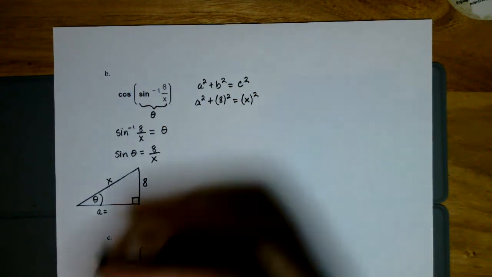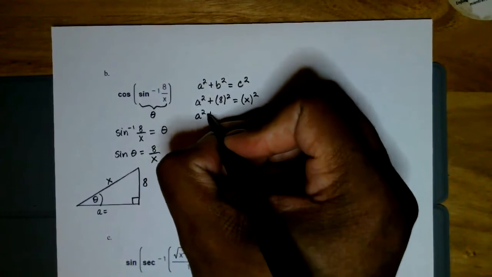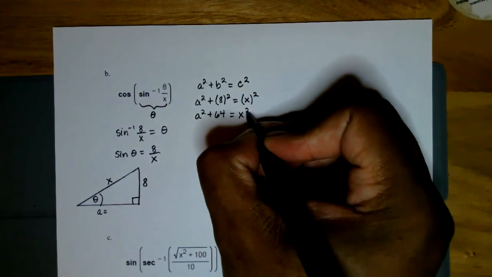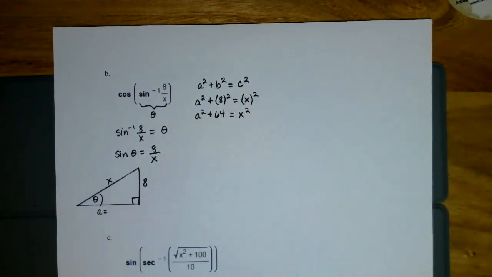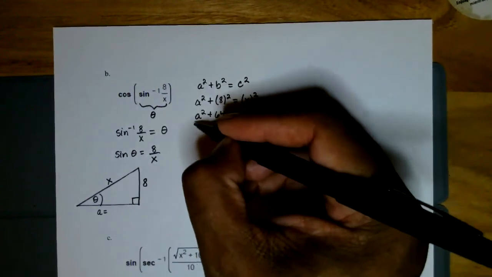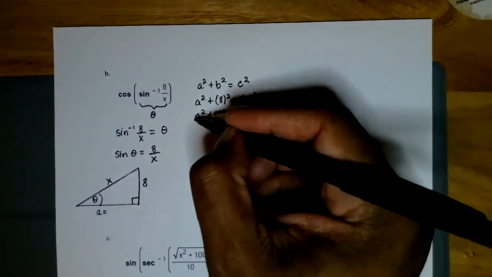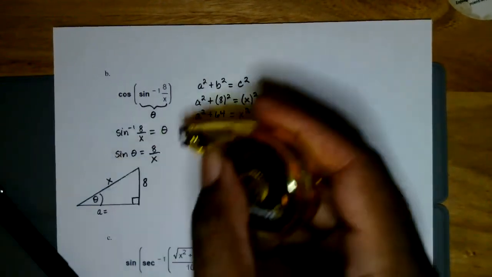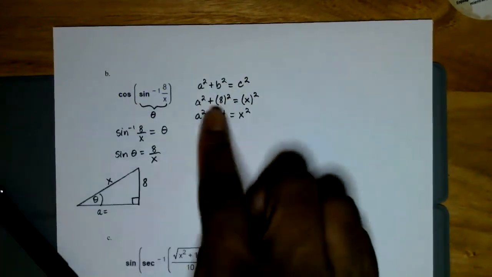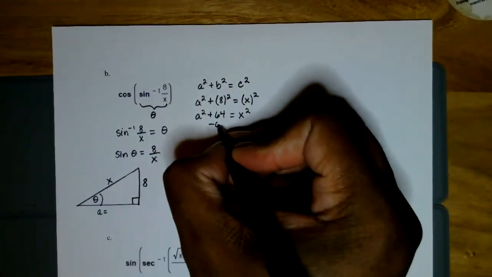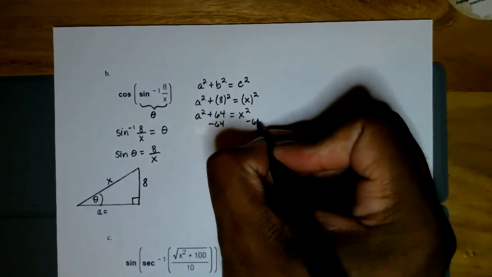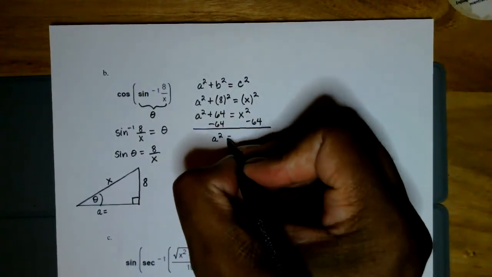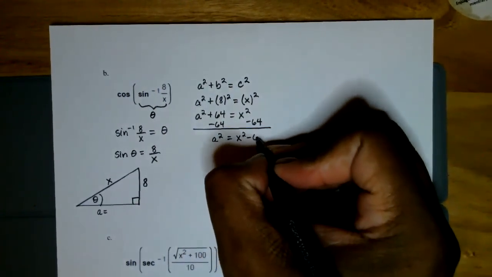All right, now simplifying this, this will be a squared plus 8 squared, which is 64, equal to x squared. Now here we're solving for a. We're looking for the length of a. So we need to get a squared by itself. So we need to subtract 64 on both sides of that equation. So that means a squared will be equal to x squared minus 64.